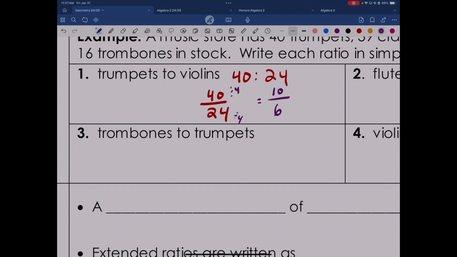However, is there a number that both 10 and 6 are divisible by? Well, 2, right? So even if you don't pick the greatest one, you still get to the same thing, 5 over 3. If I had divided by 8, 40 divided by 8 is 5, 24 divided by 8 is 3. You get to the simplified ratio. That's a simplified ratio.